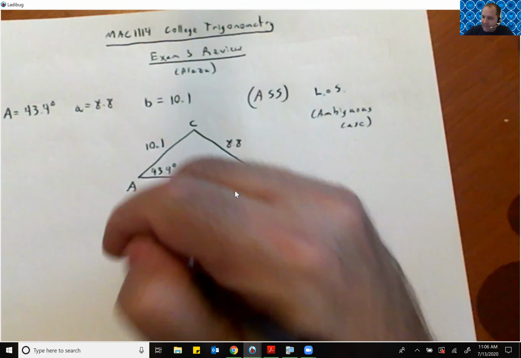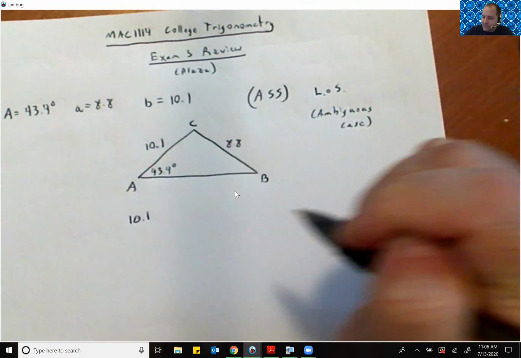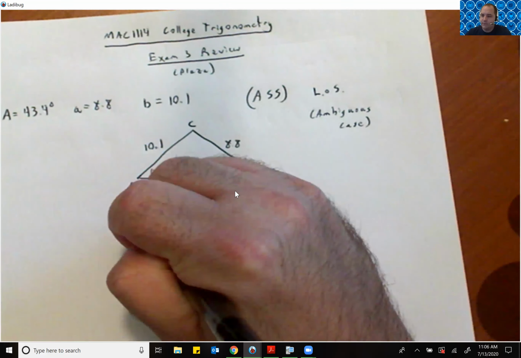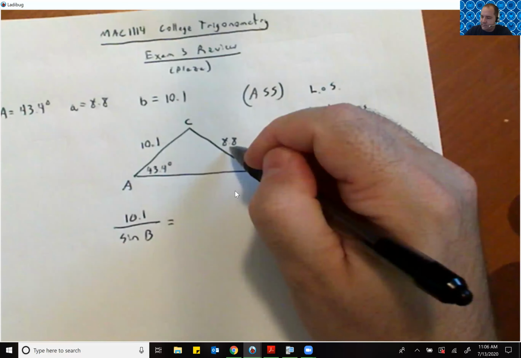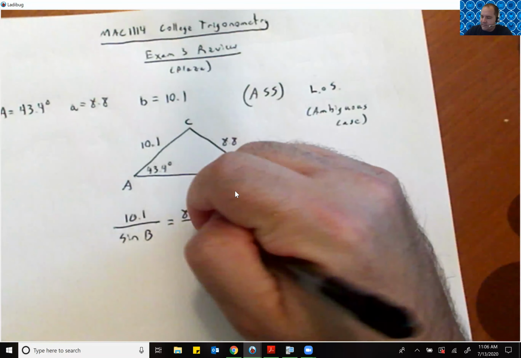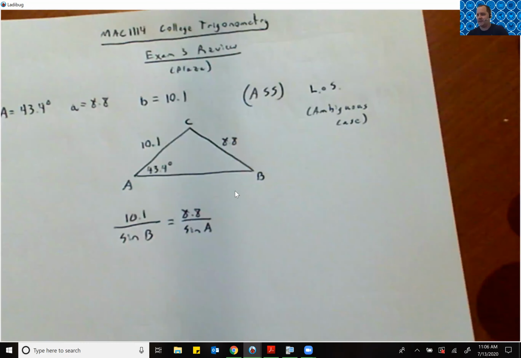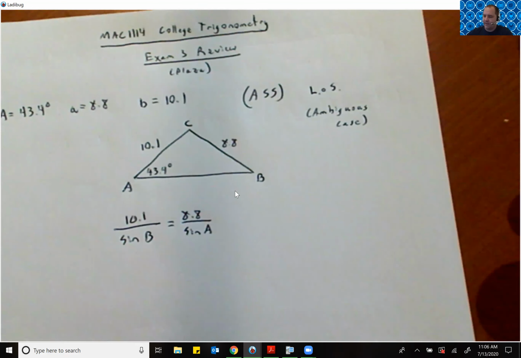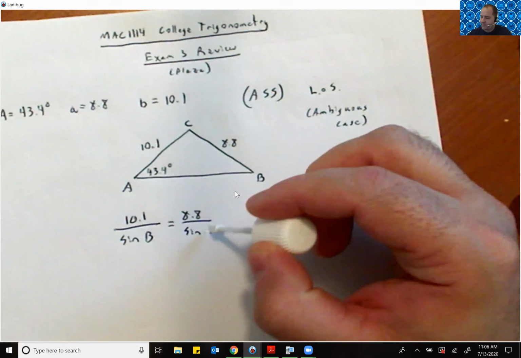So we're going to have 10 over sine B equals 8.8 over sine A. Oh, sorry. We know what angle A is. I should have put that in there. So it should be not sine A, but sine 43.4. Fix that real quick. There we go.